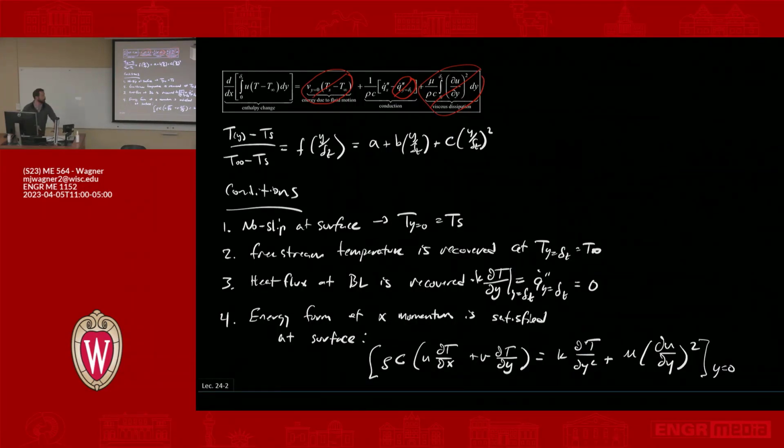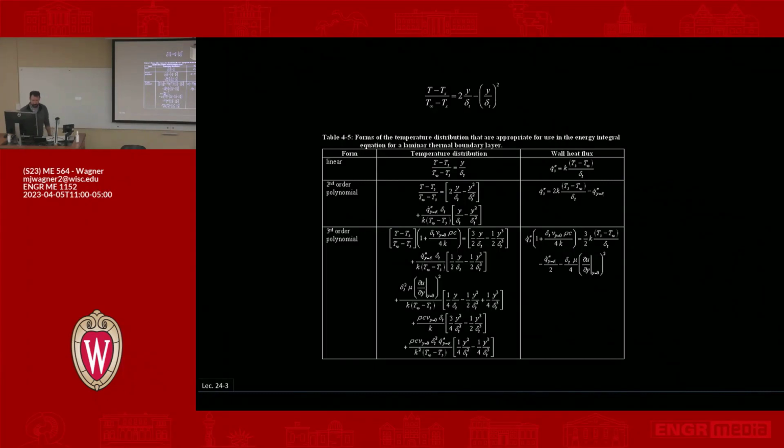If we make those assumptions, first we've solved for the velocity using the first three. We get the velocity equation that's shown here. From that, you can also write out an equivalent statement for heat flux at the surface, and then apply that in the integral equation that we just simplified. Questions on this so far? Okay.